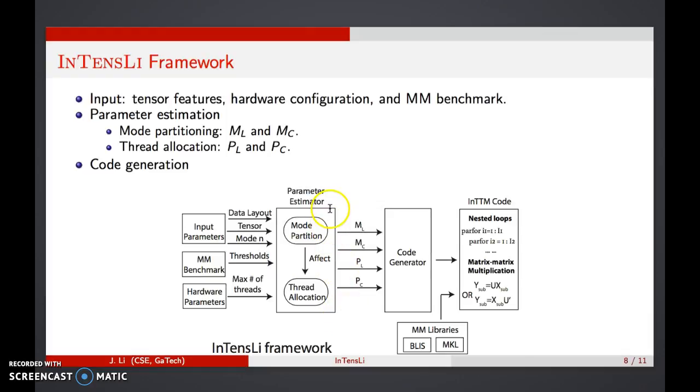In the next step, we use a parameter estimator. One part is mode partitioning, and the other is thread allocation, to separately decide ML and MC, and then PL and PC. And then we use the code generator to generate our InTTM code. Our InTTM algorithm can directly call any matrix multiplication libraries such as Intel MKL and BLIS.